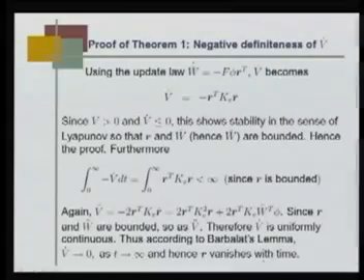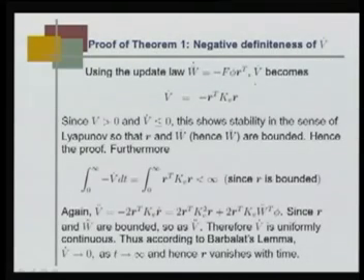Further, the proof of the theorem. Using the update law W hat dot, which we just derived, minus F phi R transpose, let us see whether the algorithm is convergent.